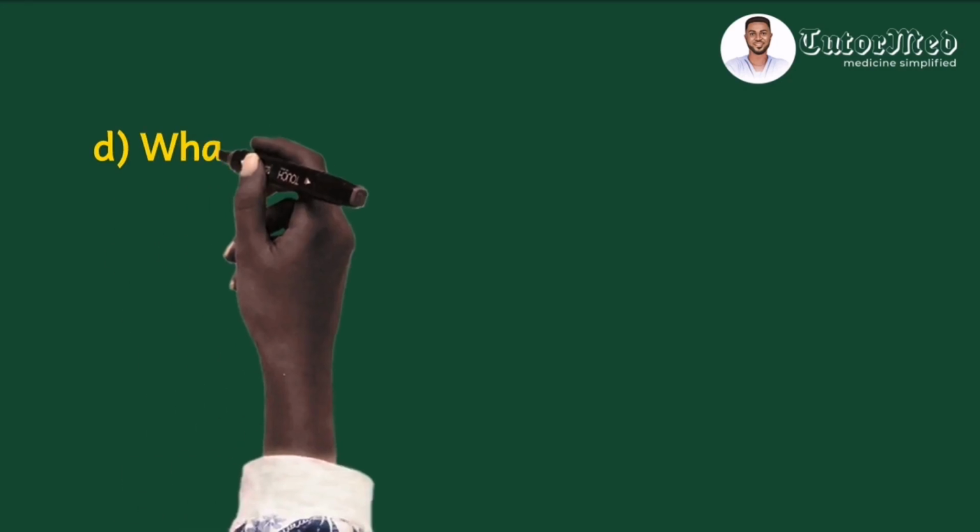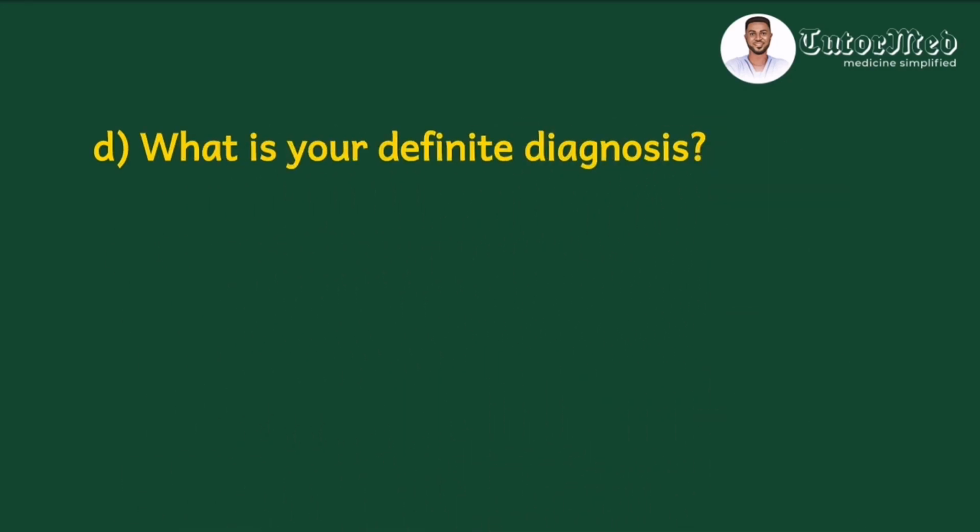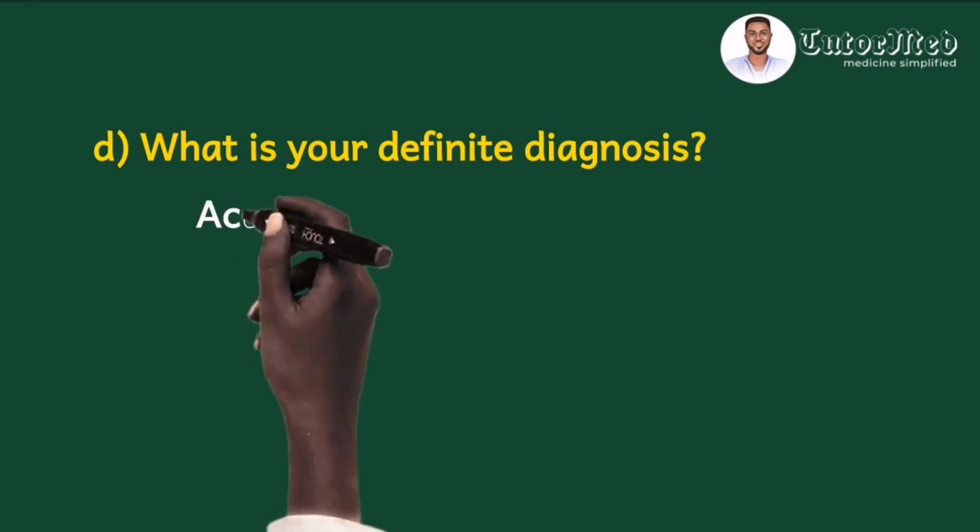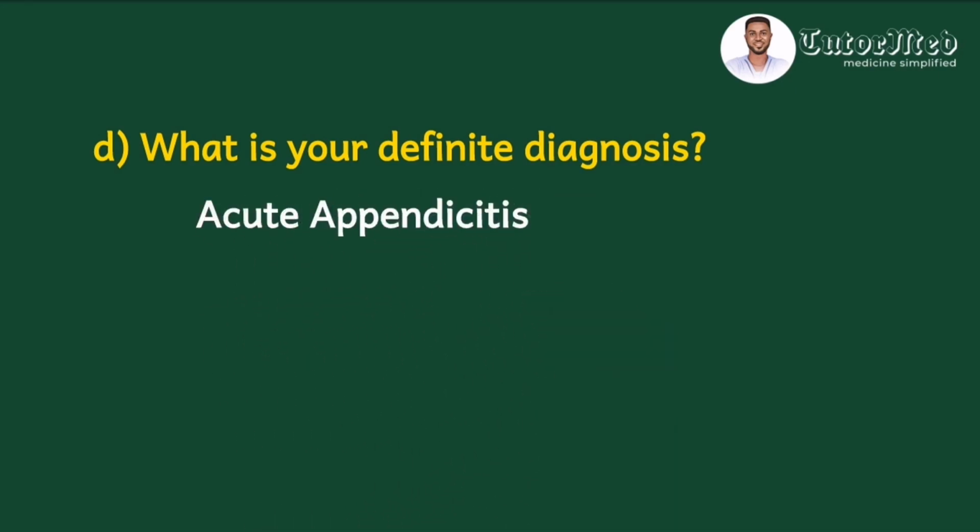Now the fourth question in the vignette says, what is your definite diagnosis? In this patient, a 26-year-old boy coming with abdominal pain which is severe in the right iliac fossa, the most likely cause among the 3 differentials we've listed is acute appendicitis.